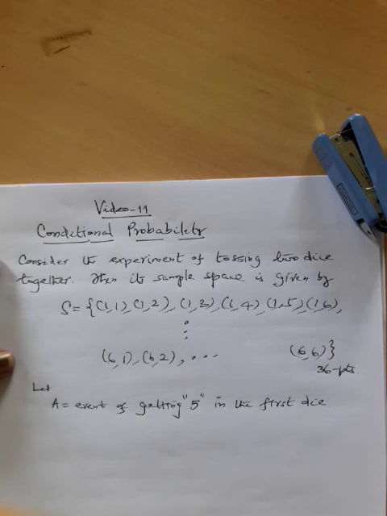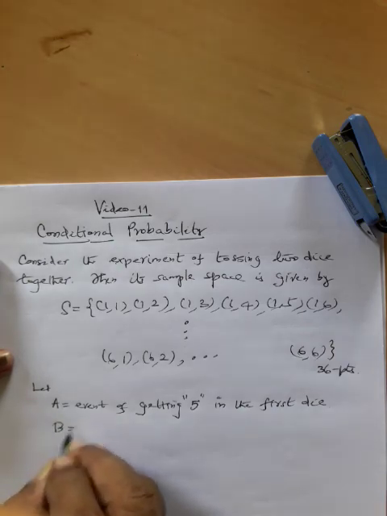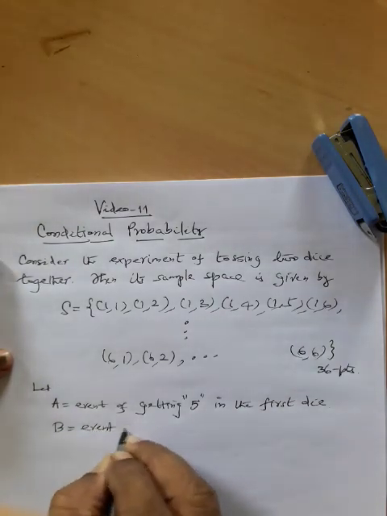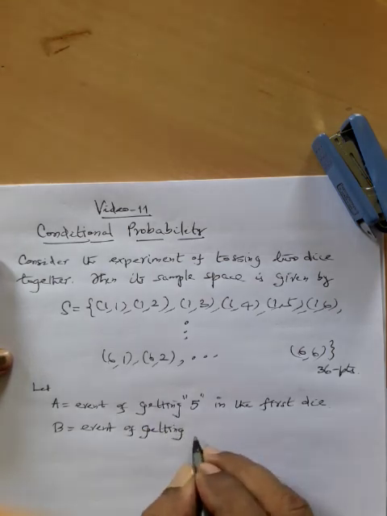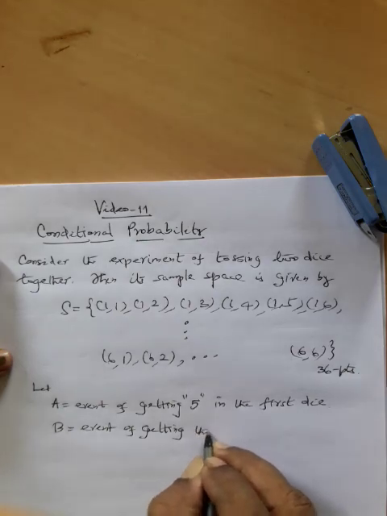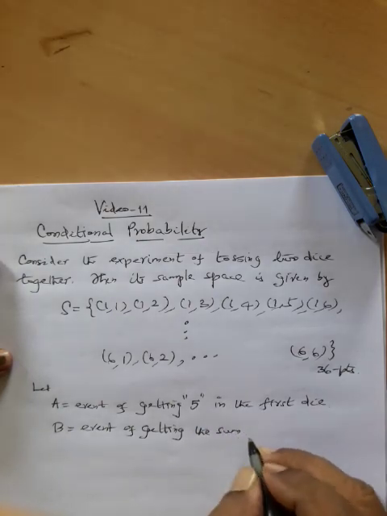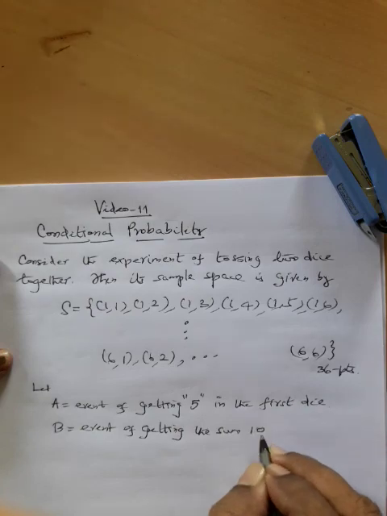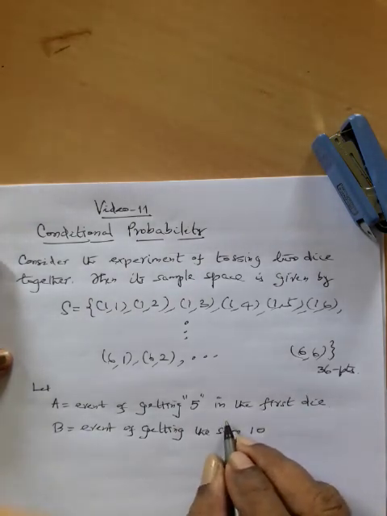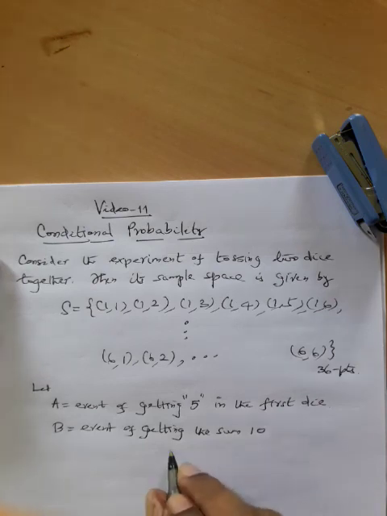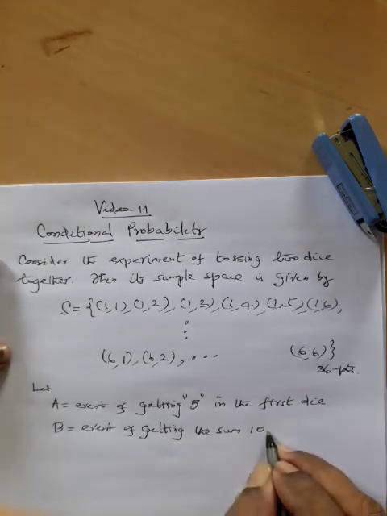Event of getting 5 in the first die. Let B be the event of getting the sum 10, the sum of numbers on both dice, getting the sum 10.